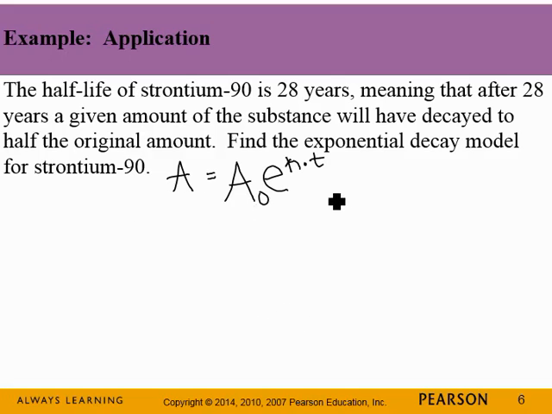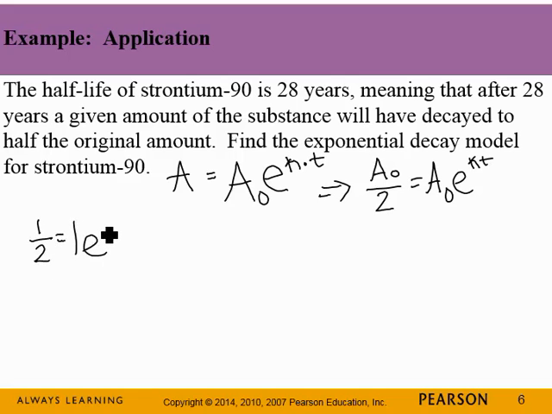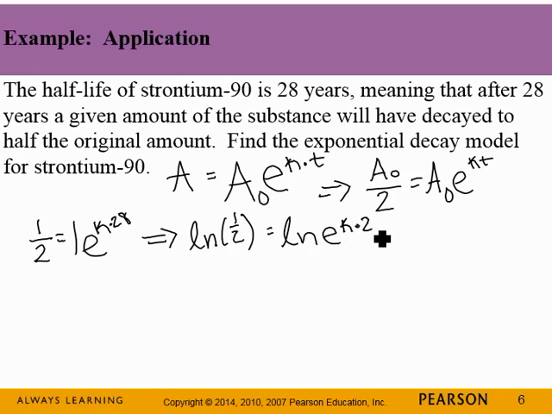So if we know it's a half-life, it's going to be your original divided by 2. So you have 1/2 equals e to the k t. In this case it says 28 years, so our time is 28. So you have ln 1/2 equals k times 28.